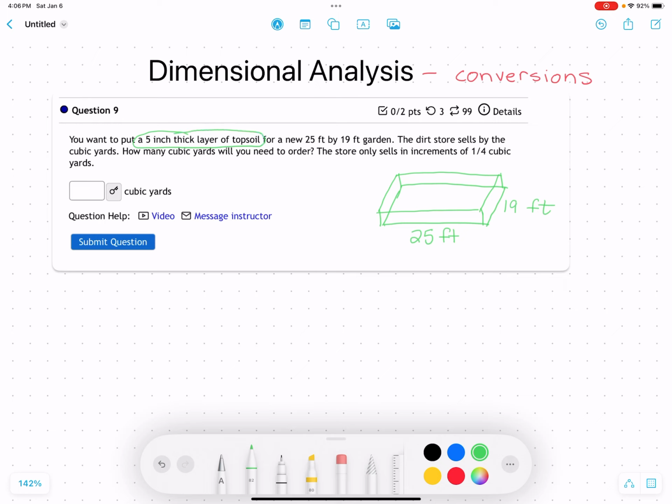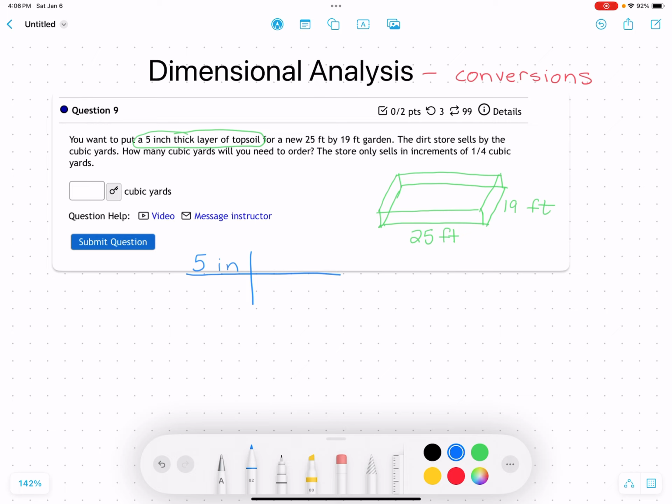Well, I can't put just a 5 for the height of this because that's in inches and my other dimensions are feet. So what am I going to do? That's correct. I'm going to say 5 inches, and I'm going to create a new number using dimensional analysis.